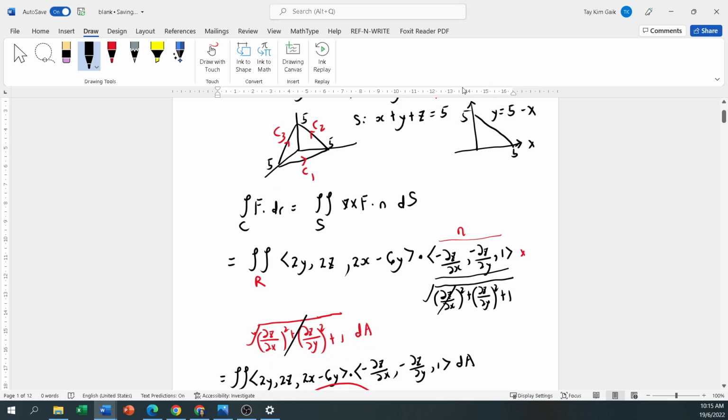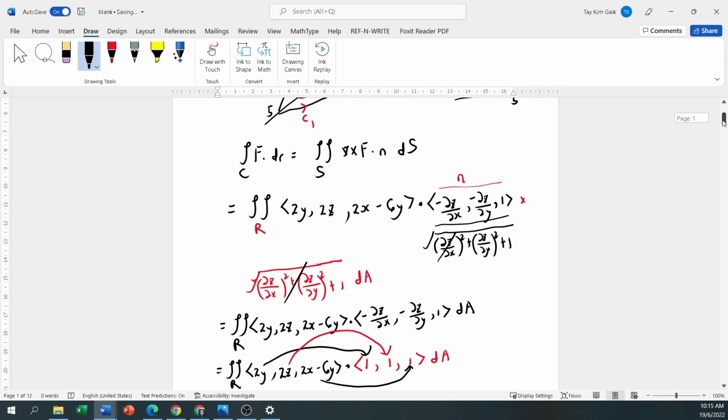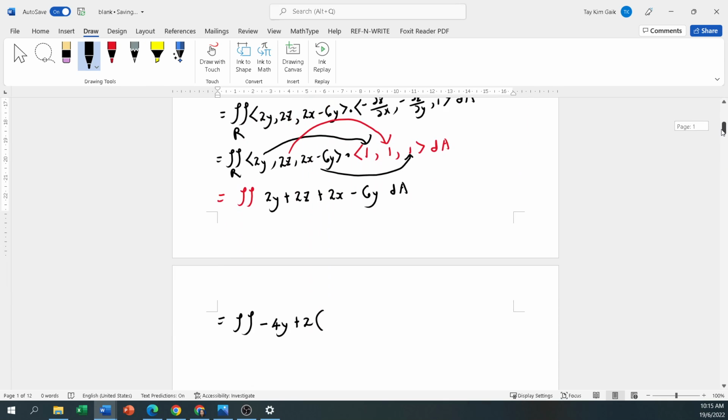So z is pi minus x minus y. So 2 times (pi minus x minus y) plus 2x, dA over region R. Expand and simplify it before you do the double integral. So 2 times pi is 10 minus 2x minus 2y plus 2x.